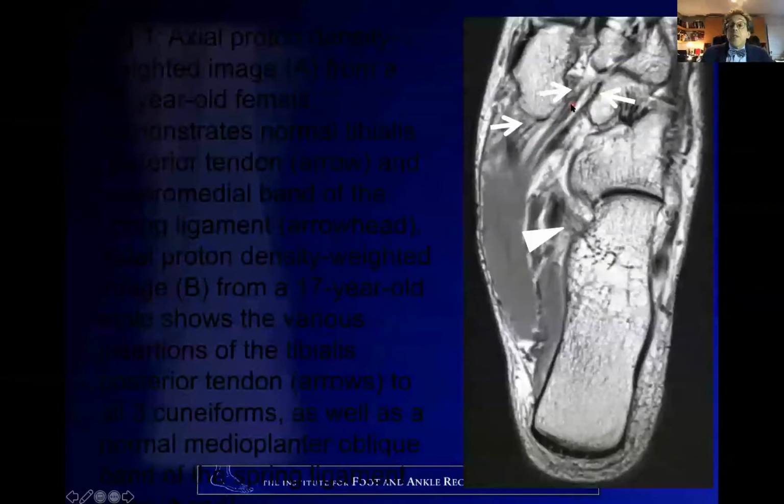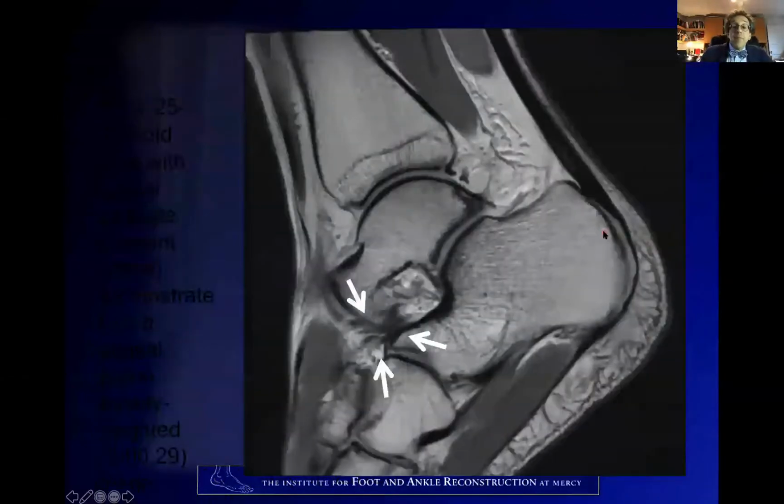The attachment sites are usually not well seen because the attachment is on the navicular, which is over here, but here these arrows are showing fine striations of the posterior tib attachment all the way to the other cuneiforms. And this is a part of the spring ligament here. The triangle is demonstrating that.